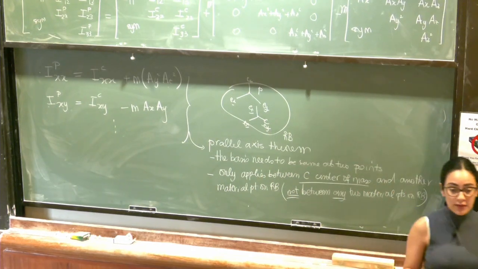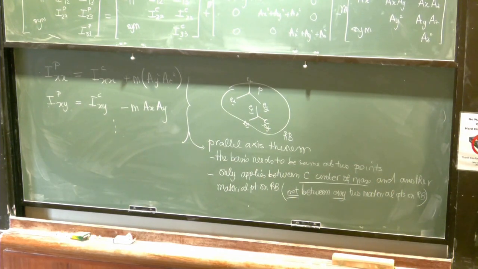So I think what you did in the discussion section yesterday is that you looked at the cylinder or one of the shapes in the table of moments of inertia. For example, the rectangular parallelepiped, and you were able to relate the moments of inertia of the shape about two axes that are parallel but passing through different points.